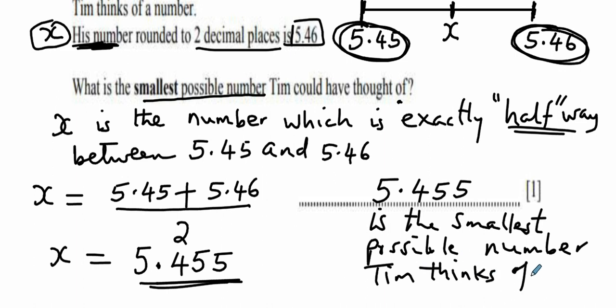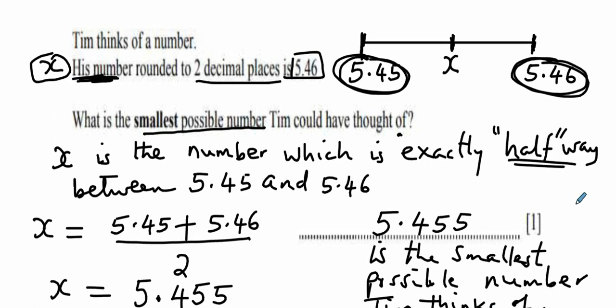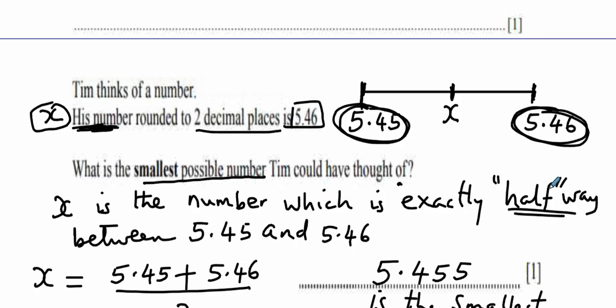See that? And you can try to check. The number the team thinks of is 5.455. This is what we got.